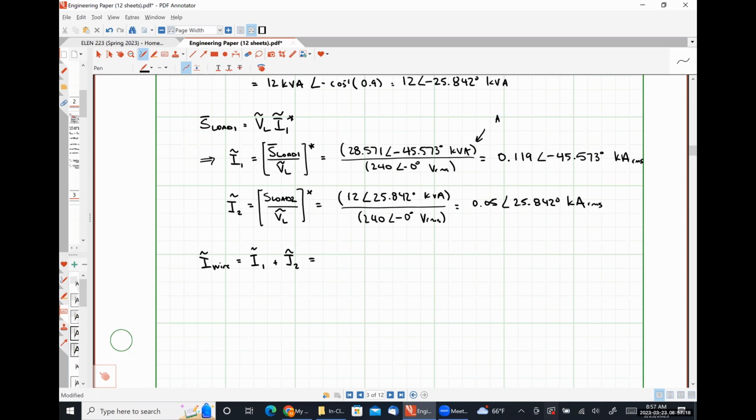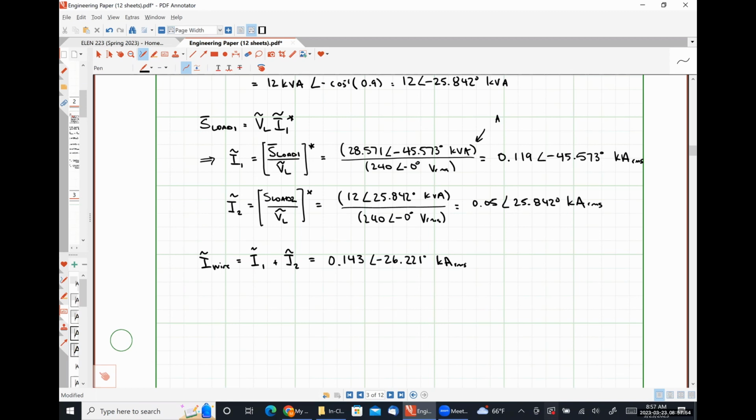So 0.119 angle -45.573 plus 0.05 angle 25.842 gives me 0.143 angle -26.221 degrees kiloamps RMS.